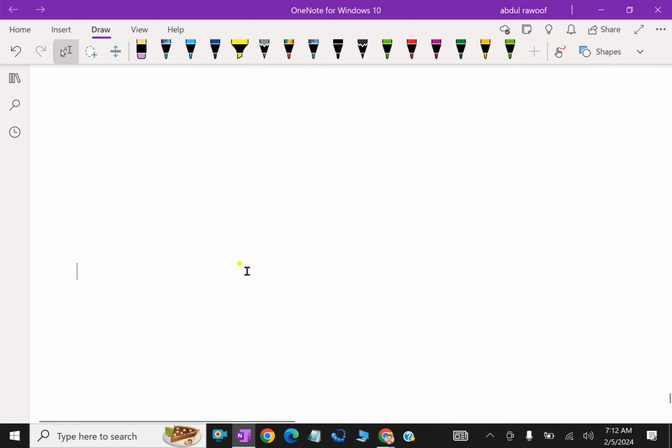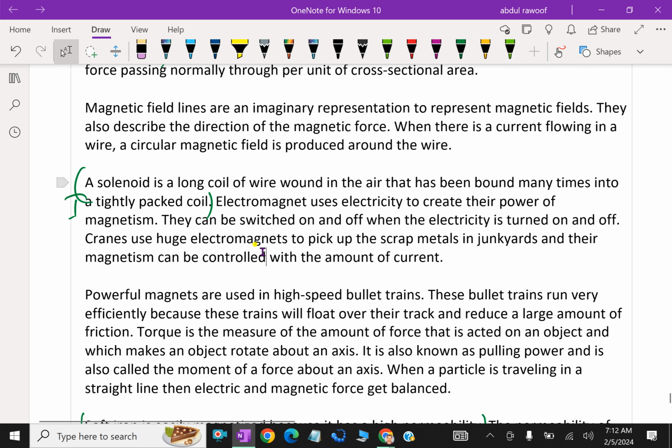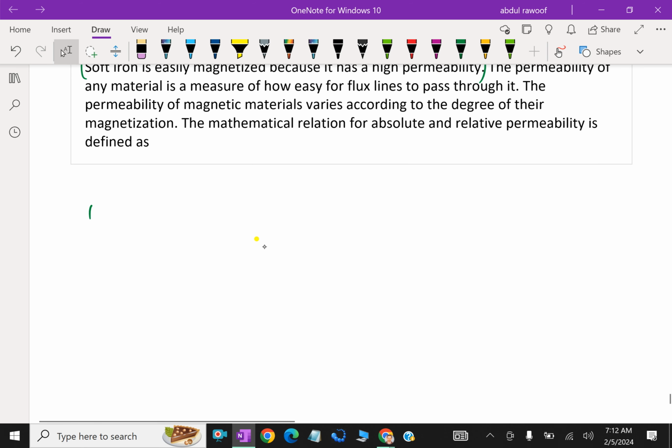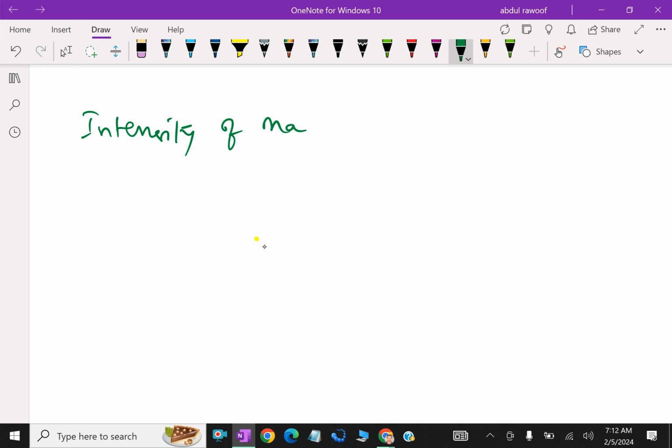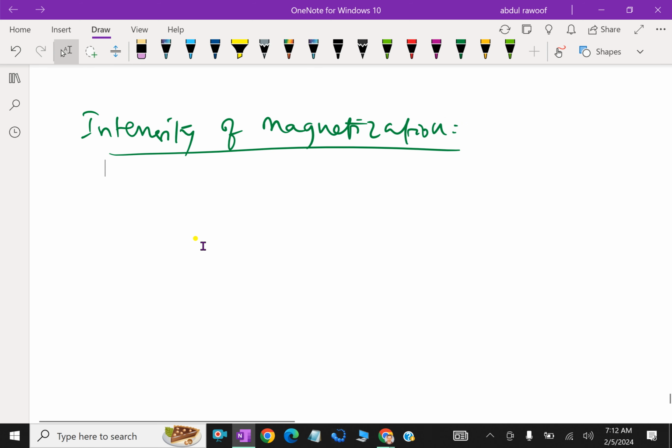Now, intensity of magnetization, which we represent as I. It may be defined as the induced pole strength developed per unit area of the bar.